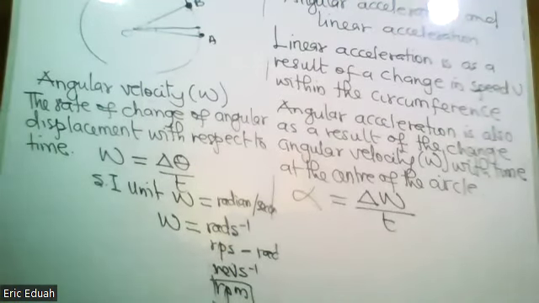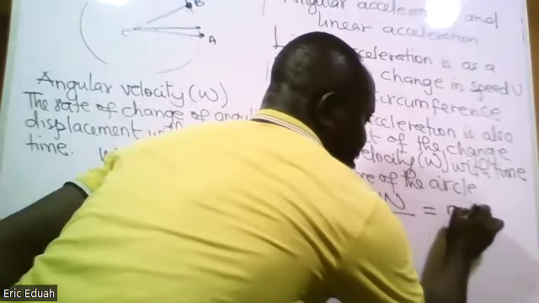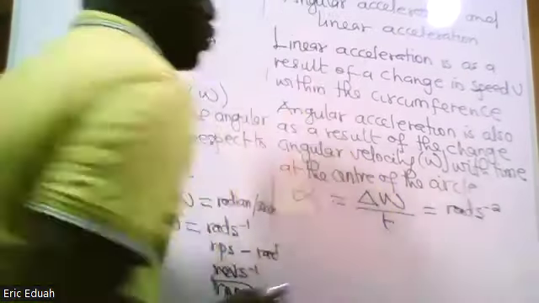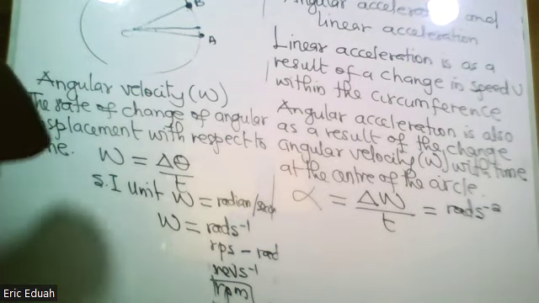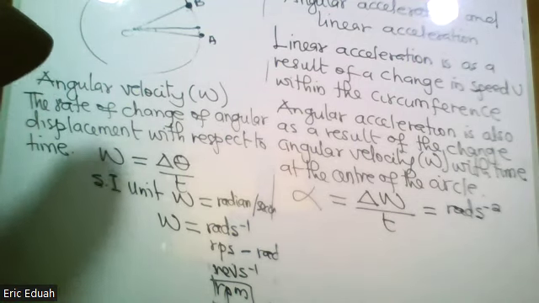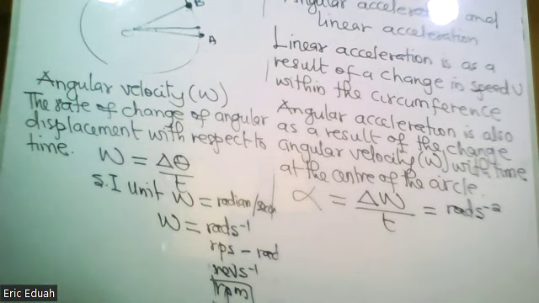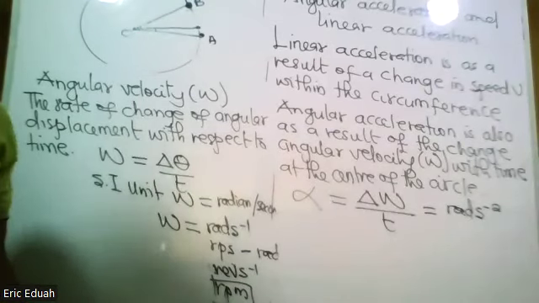Thank you. So this is radian per second squared. Len, what about linear acceleration? Please, it's meter per second squared. Good, good. So that's it.